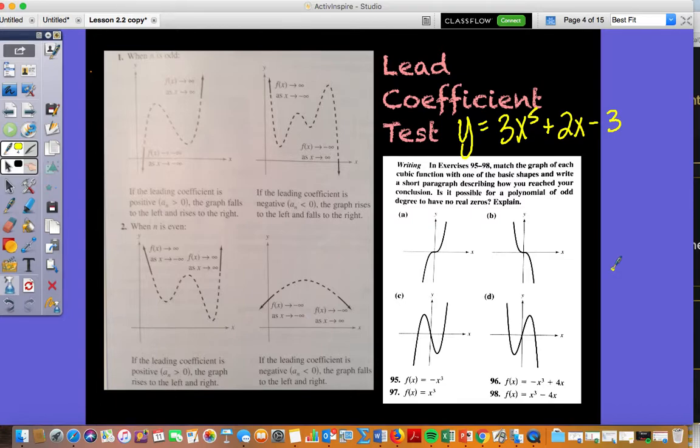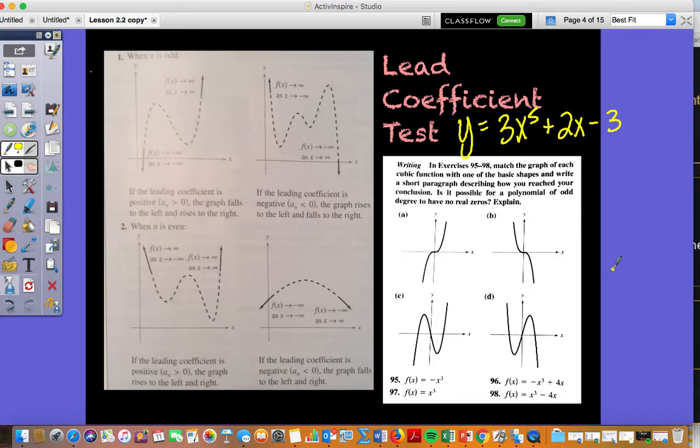Just a random polynomial. One of the questions that I'm going to ask on the homework, you'll like this one because it's pretty quick, is what is the end behavior of this polynomial? Now, what happens in the middle, I don't really care about at this point, okay? We will later on. But at this polynomial, we're wondering, when it goes way to the left and way to the right, what is occurring? Is it up or down, okay?